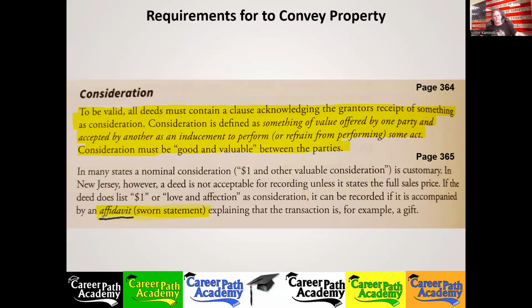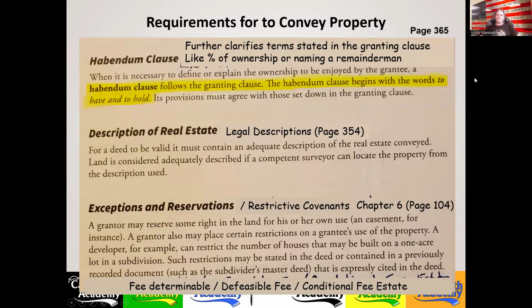Got it. Okay. And on page 365, we're going to highlight the notes for habendum clause, description of real estate, and exceptions and reservations. Once again, I managed to squeeze the definition for all of them on that one slide for you.